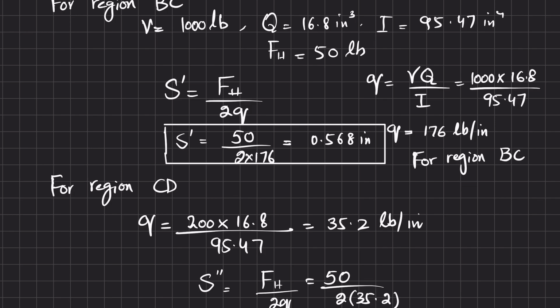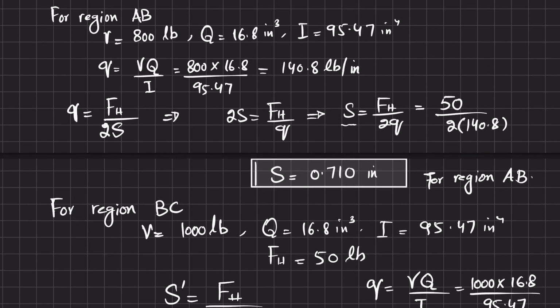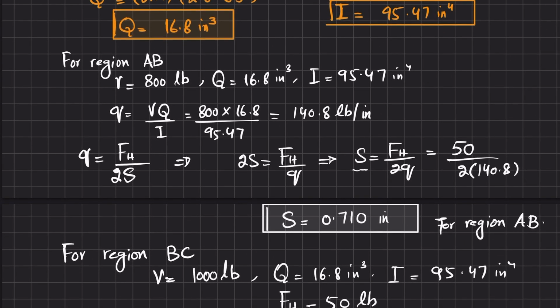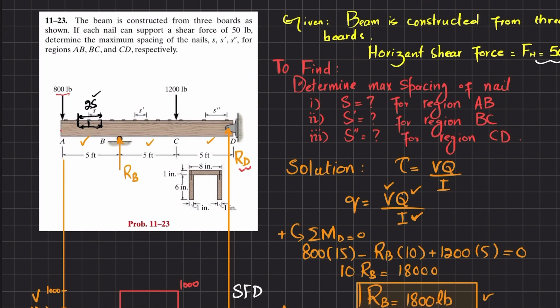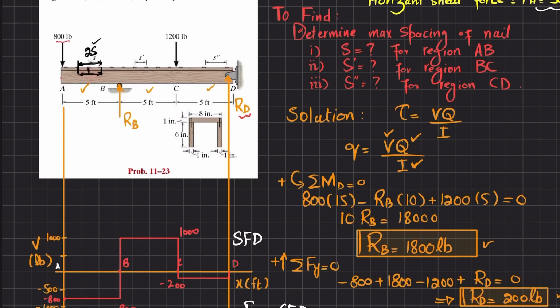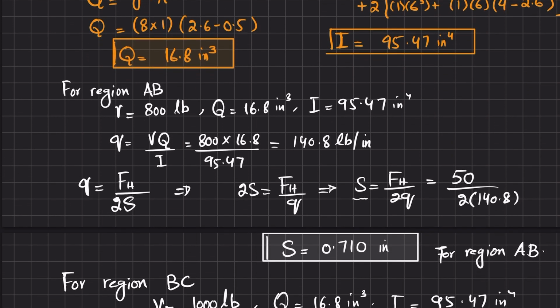Okay, I think I have made a mistake. The mistake is that this is not 2s, okay? Because you can see that this is the nail. Clear? So the horizontal shear force will be divided by 2 because half will be in this portion and half will be in this portion. So instead of 2s, let me correct it.